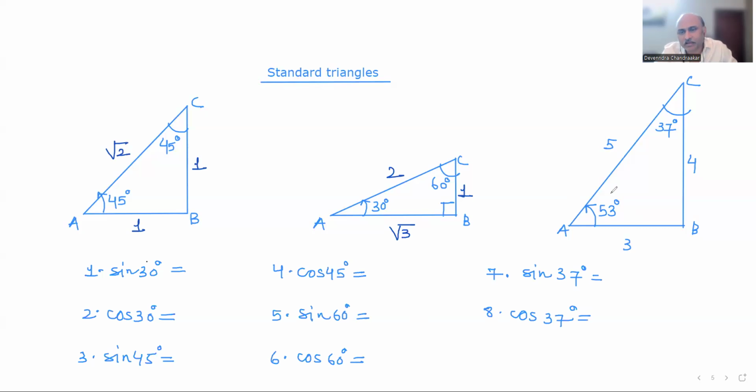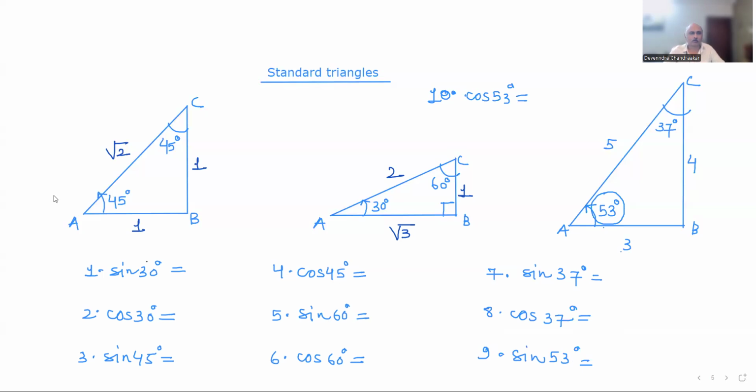Always remember the angle between 5 and 3 is 53, so this is how you can relate. The ninth one is sine 53, and the last one is cos 53 degrees. This is what you have to find.